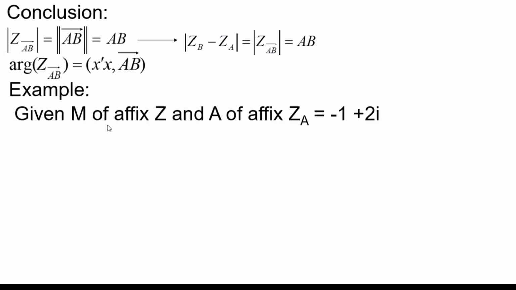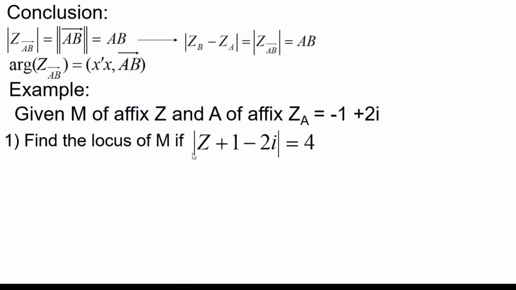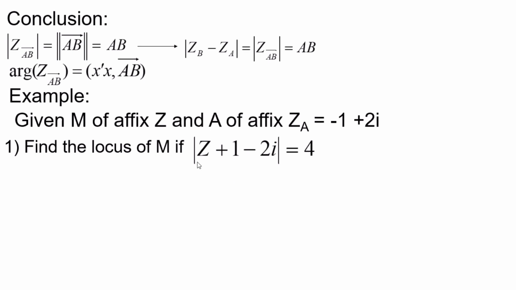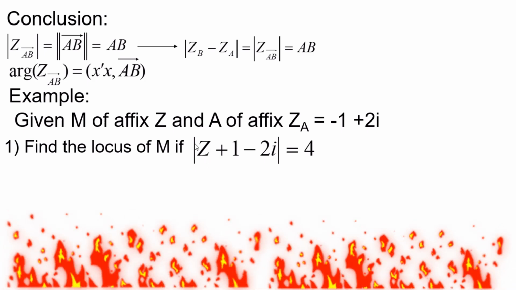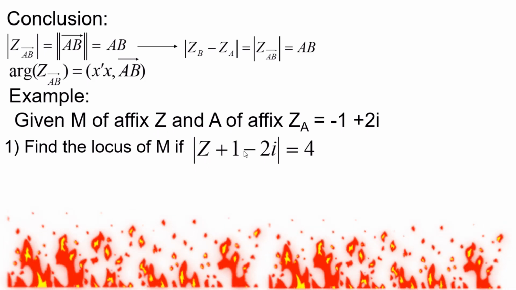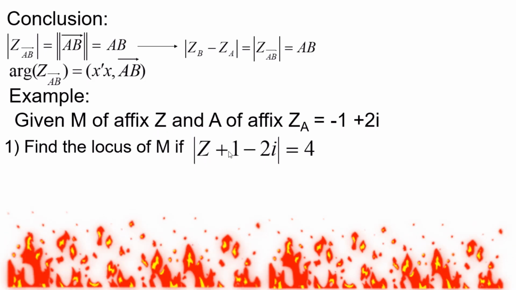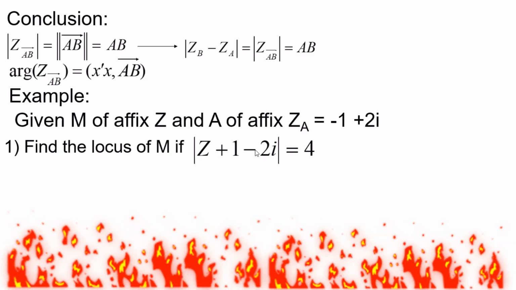Given M of affix z and A of affix z A equal to minus 1 plus 2i. Find the locus of M if the modulus of z plus 1 minus 2i equals 4. So we have to write here the modulus of z B minus z A. Here z is z of M, and if we take minus as a common factor, we get minus 1 plus 2i.